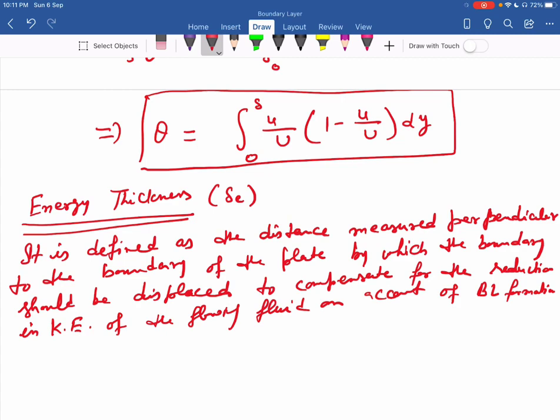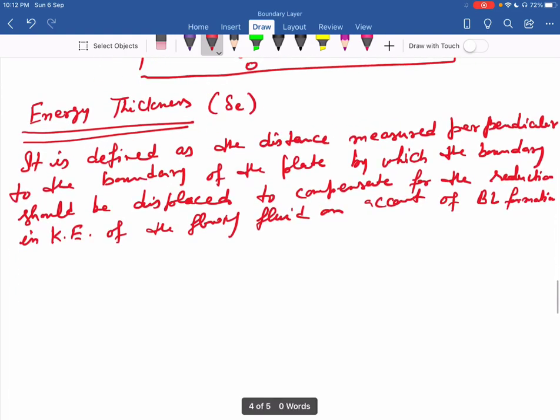So in energy thickness, we consider the loss of kinetic energy by the formation of the boundary layer. That concept we use in determining the formula for energy thickness.